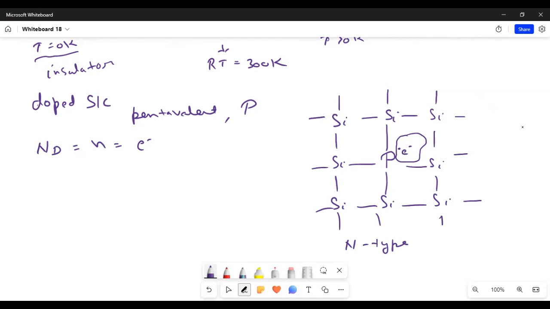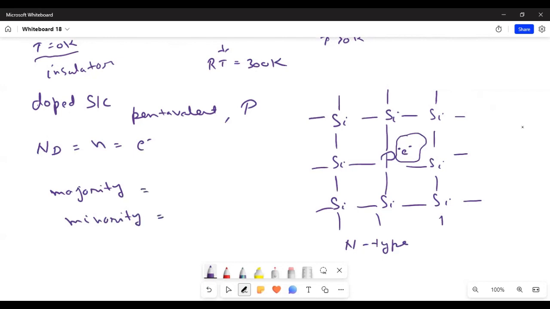But as I mentioned, these are at room temperature, so it means there will also be the presence of holes, and of course they will be fewer in number. So there is the concept of majority charge carrier and minority.